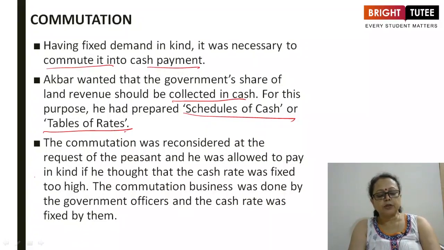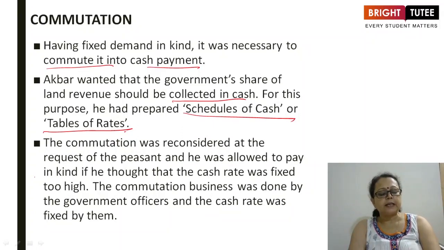These schedules of cash rates were prepared on the basis of average rates of different crops, prevailing for the last 10 years in a particular circle, and the average was calculated.